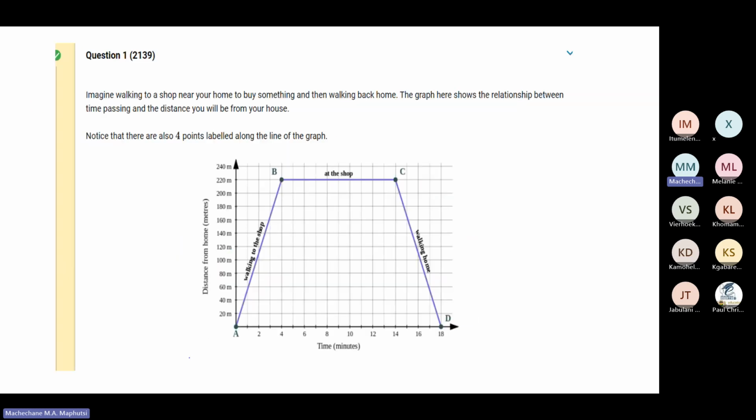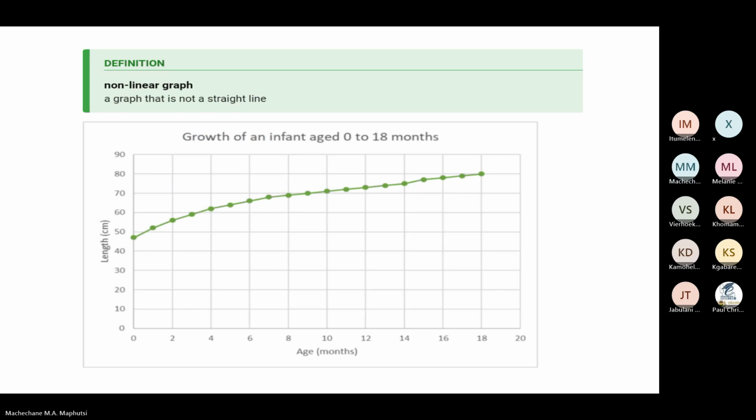Okay, now let us look at this one. All right, we talked of linear graphs, but sometimes we may come across non-linear graphs. A non-linear graph is a graph that is not drawn like a straight line, meaning that it is the opposite of a straight line.